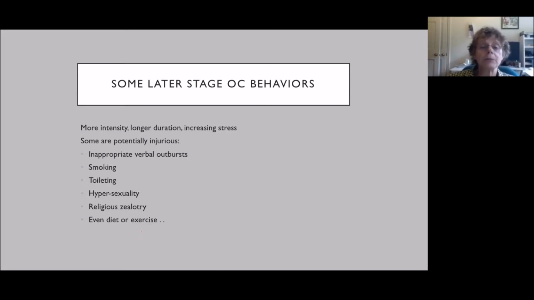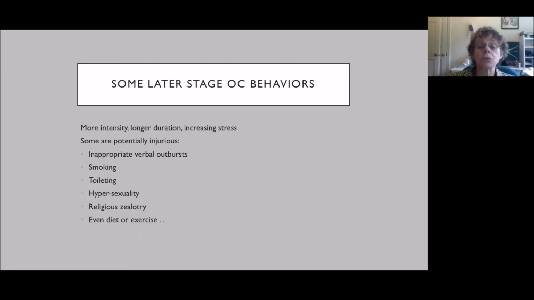The inappropriate verbal outbursts: I can give an example of a quiet, church-going individual who, when he developed Huntington's, would start cursing. Never having done this before, he would curse at his family, would even curse in church.